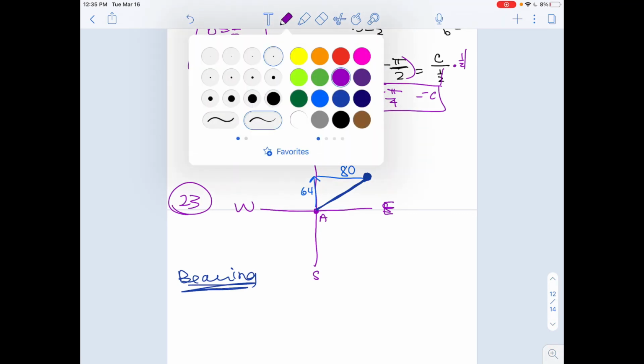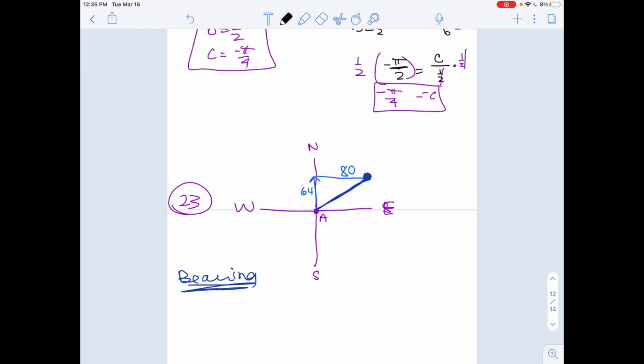What we've been doing about reference angles, always the x-axis, get that out of your mind. The bearings always start at either the north or the south line. For us, we're closer to the north line. So we're starting at the north, and we need some number of degrees in whichever direction. We know we're closer to the east, so this is going to be north, some degrees east. So I want to know this angle right here.